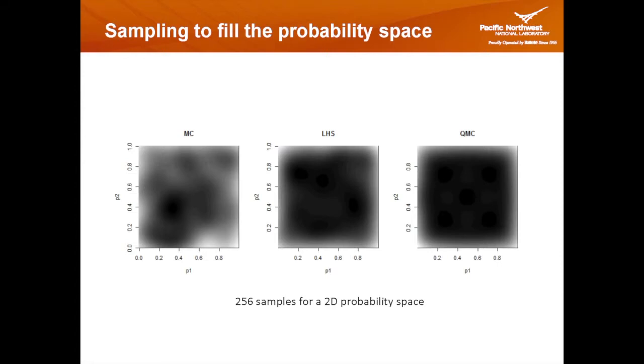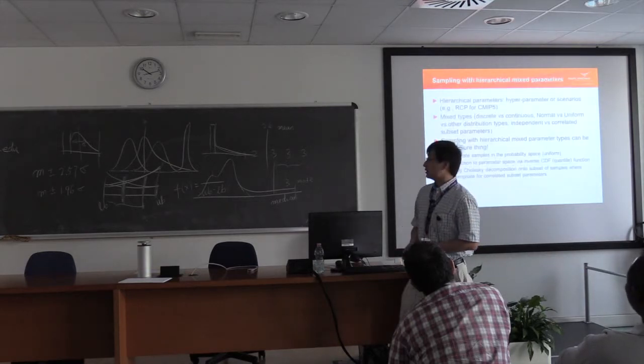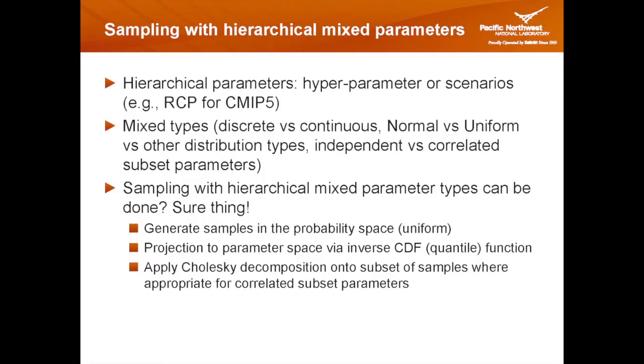This is just a two-dimensional display, but for all other dimensions, the spaces are also very well filled. So that's the nice thing about these two approaches. So LHS, Latin hypercube sampling, and QMC can be used to design your ensemble experiments. I added this after the discussion yesterday.